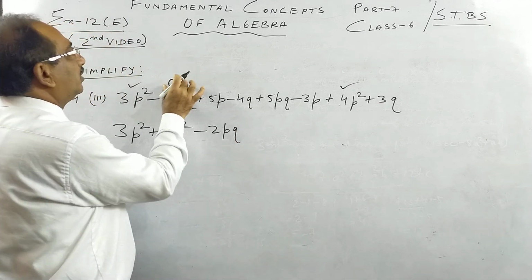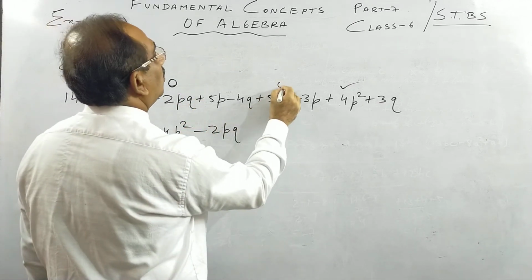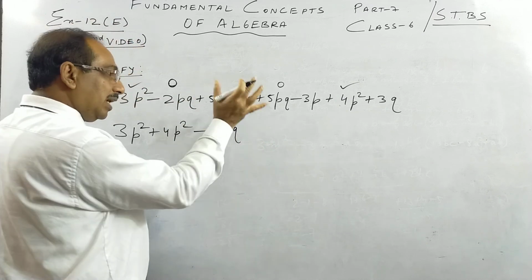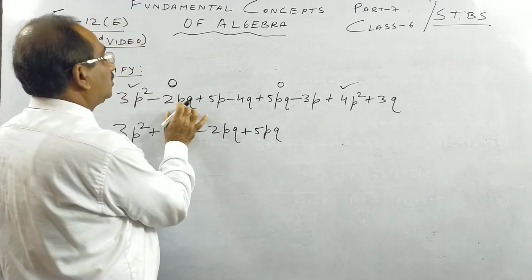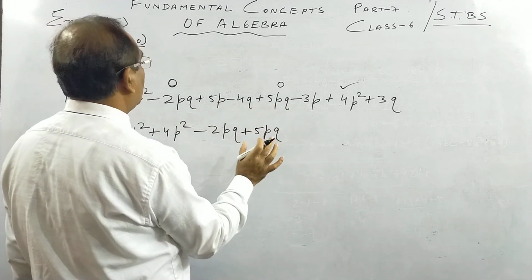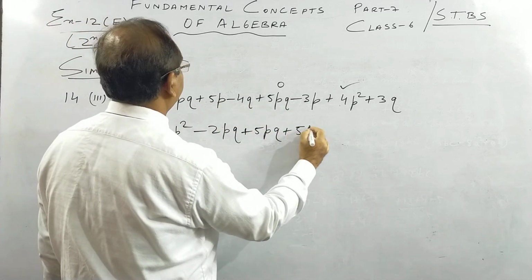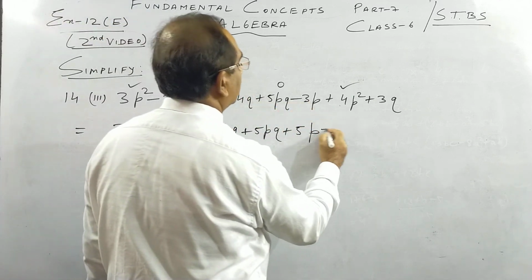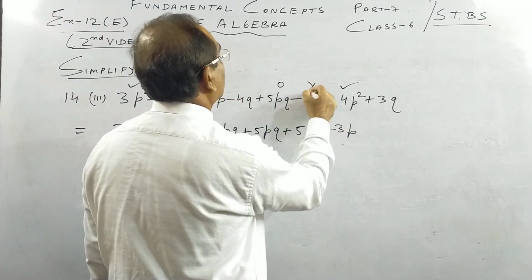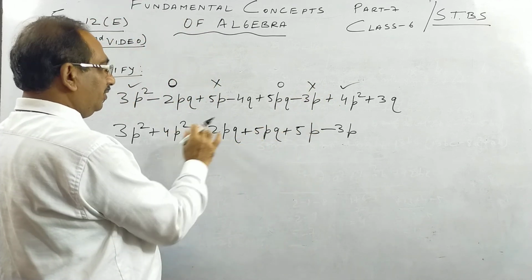See, I use a different symbol on top to mark that I have already taken those terms. So minus 2pq plus 5pq plus 5p plus 5p minus 3p. Okay, now we are left with q.